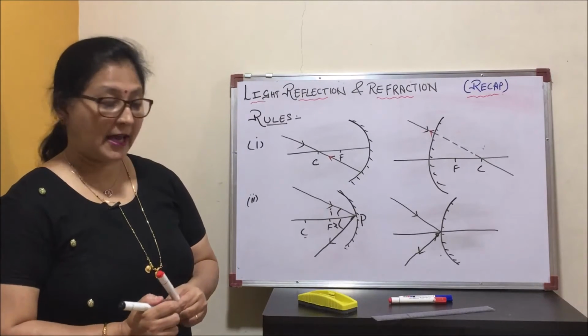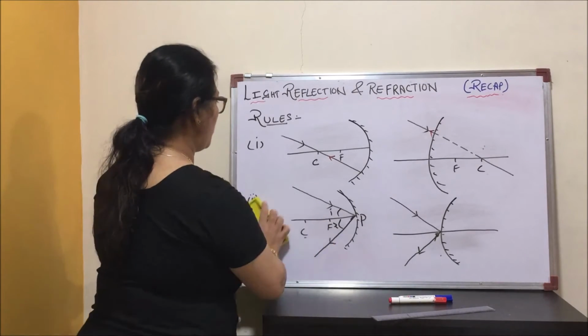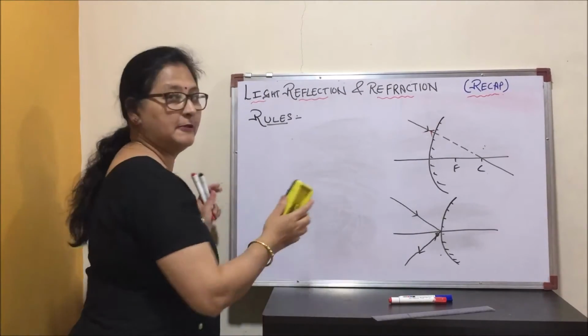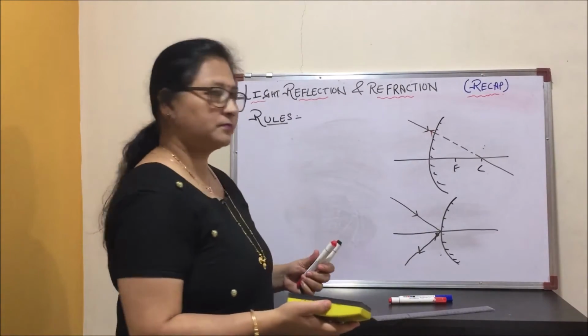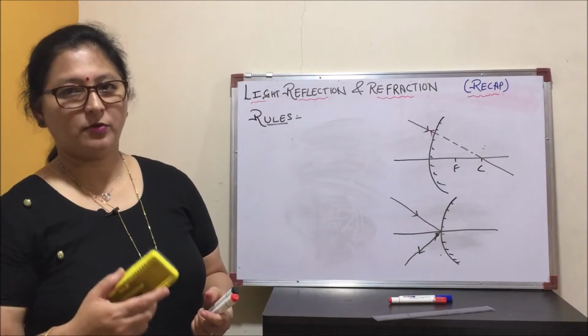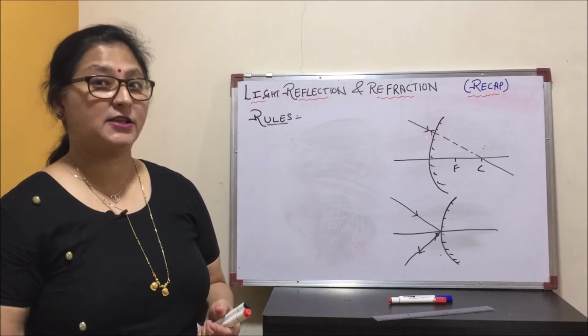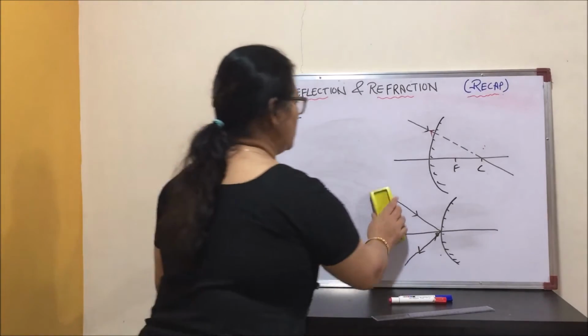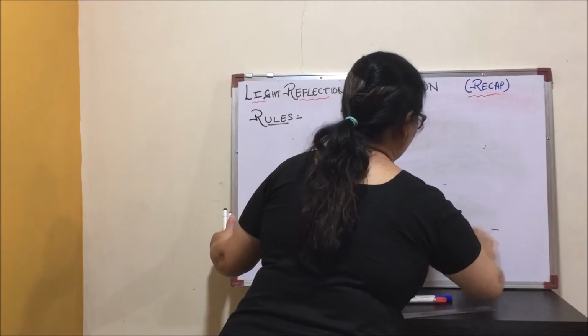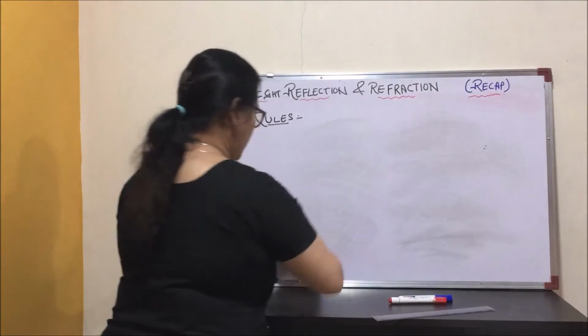This is all about the recap, and the next point in the recap is the images which we have made, which are formed at different positions when the object was placed at different positions in case of concave mirror. There are 6 images in case of concave mirror.